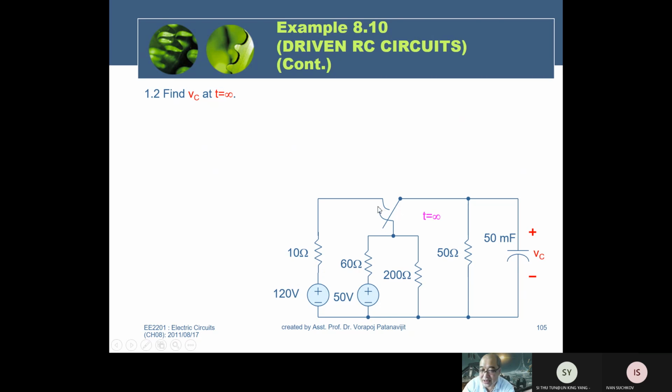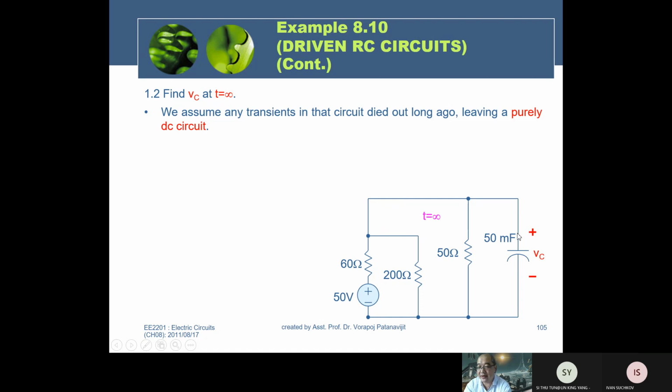In the left-hand structure, the 10 ohm and the 120 volt branch is broken, so you can discard them. The remaining elements connect in this structure, so you can redraw them. After you redraw them more systematically, you can see that this resistor and the 250 resistor will be connected in parallel.